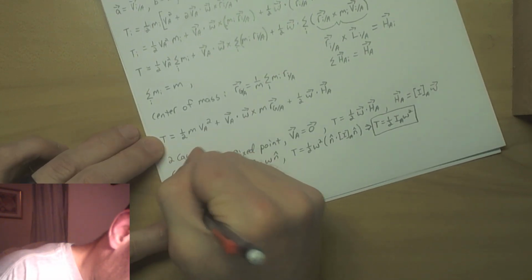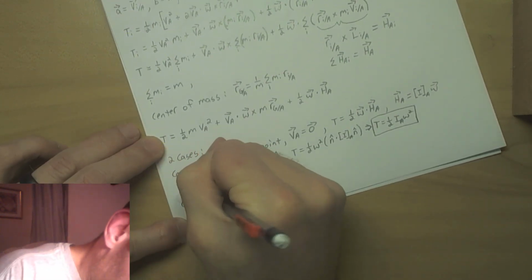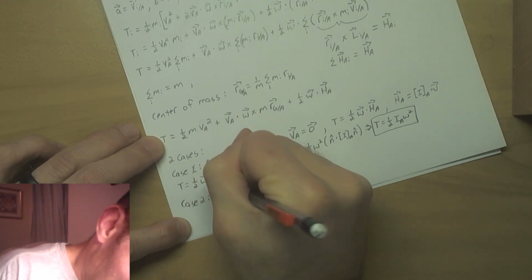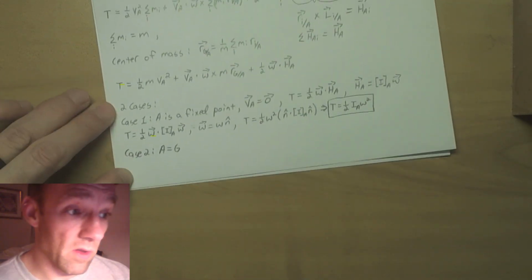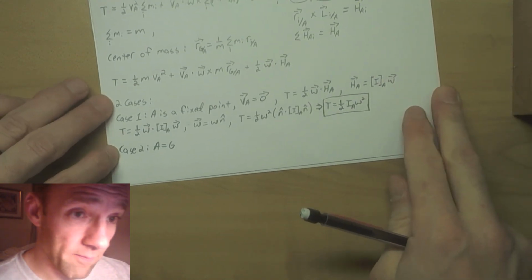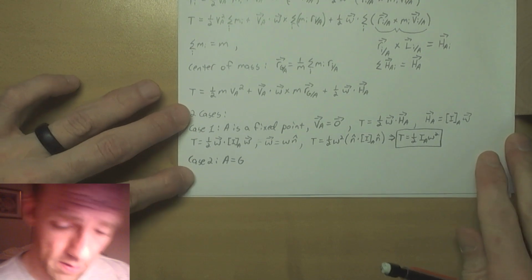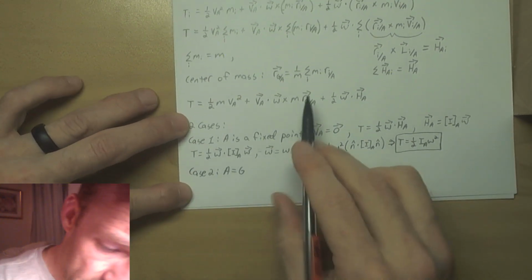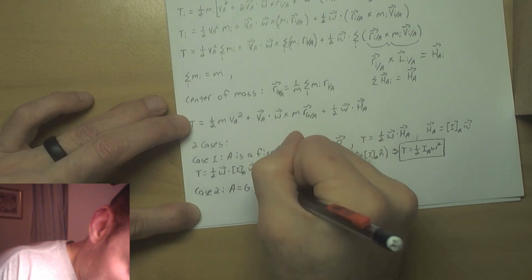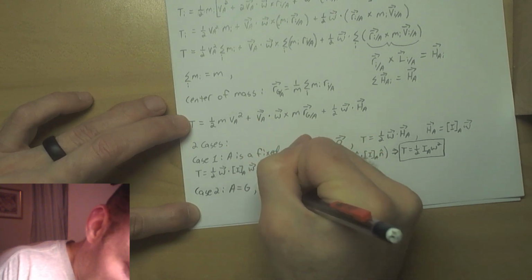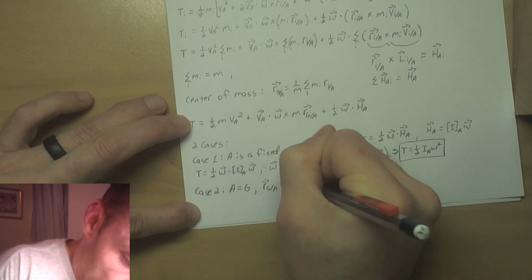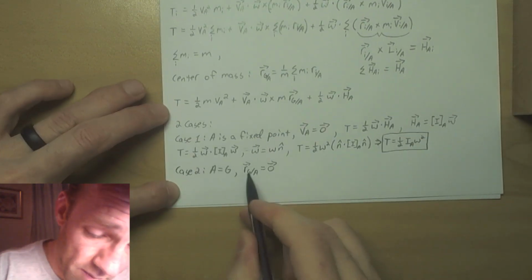And now the other case: A is the center of mass. In that case, the relative position of the center of mass with respect to A is, of course, 0, because G and A are the same point.